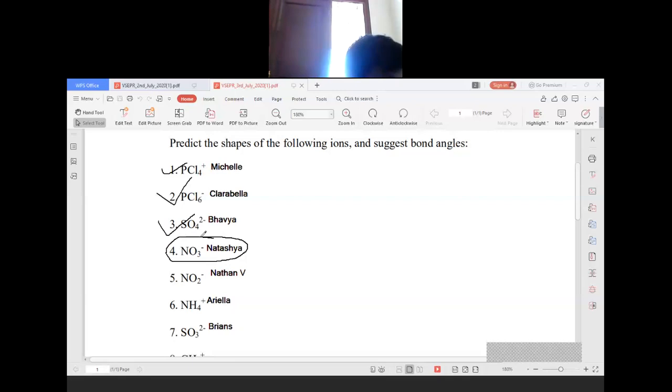And then Nathan V. I will say that this might be a non-linear shape. It is not linear. Yes, correct. The angle will be around 117 degrees. What is the shape? Like a triangle, but with a small angle at the top and a very big angle at the bottom.